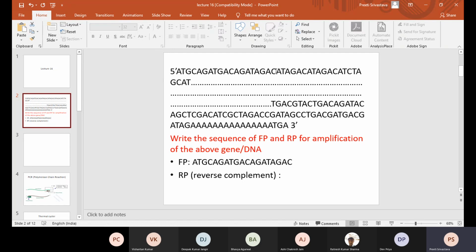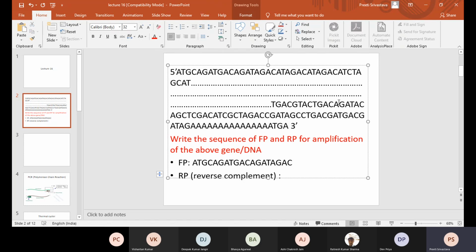But many times when we are just interested in checking whether the gene is present or not, you don't have to amplify the entire gene. You can amplify a small internal sequence. For example, you can select a sequence in this region, or a little bit behind as well.